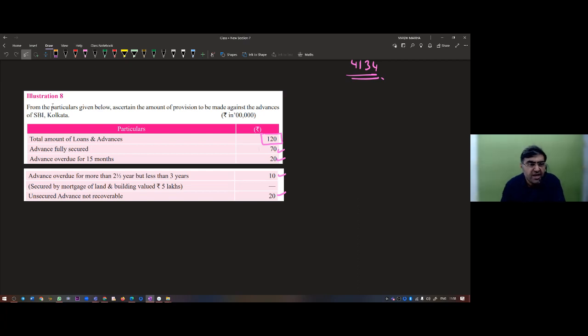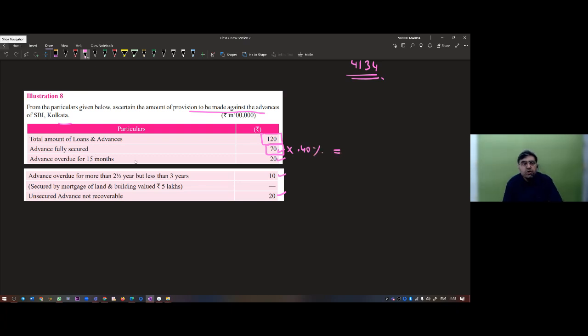And these advances are for how much period? A certain amount of provision is to be made against the advance. So advance fully secured. Advance overdue for more than 15 months. In the normal case, the provision is 0.4%.